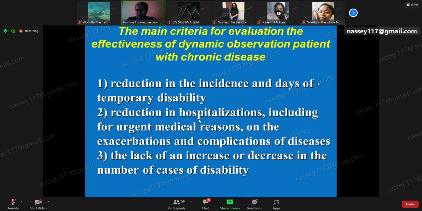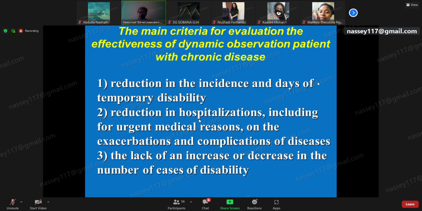There is a reduction in the incidence and days of patients' temporary disability. As I said, the next lecture will be devoted to the problem of disability, temporary and stable.